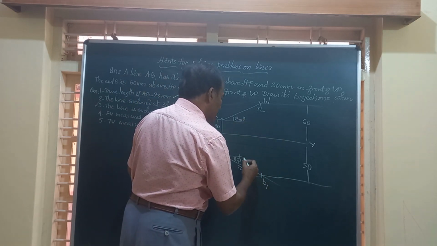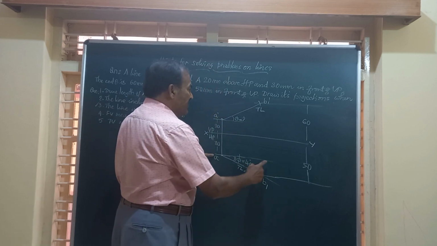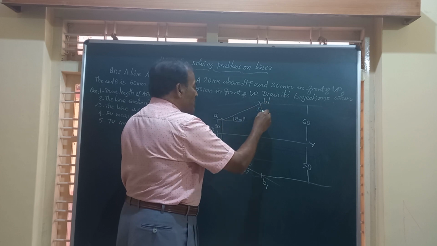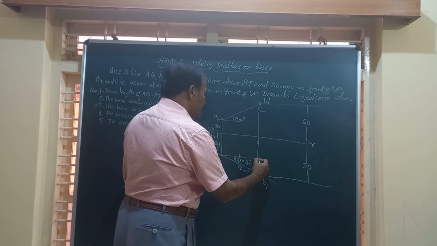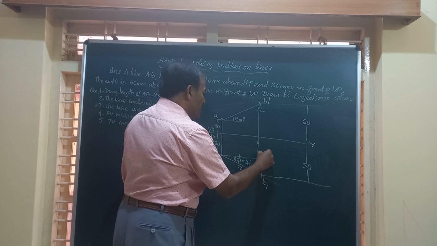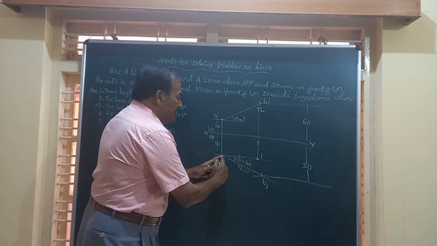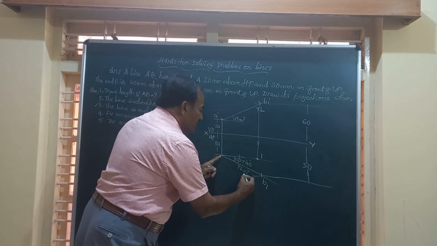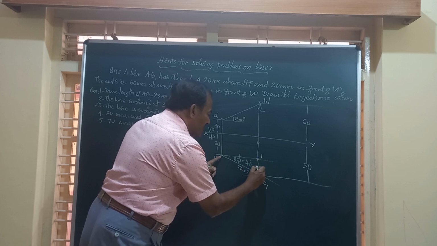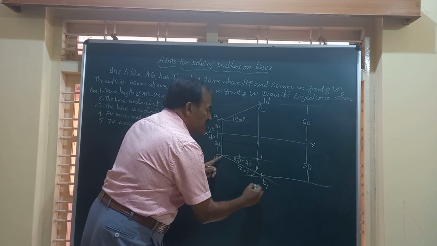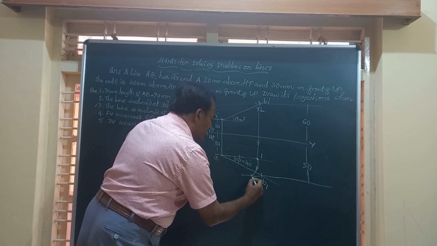Here, extend the locus of end A. Since this is the true length, draw a vertical line from there till it cuts the locus of A here. We'll call this point 1. Now, with center A and radius equal to A1, draw an arc, and that arc will intersect the locus of B at the point B.